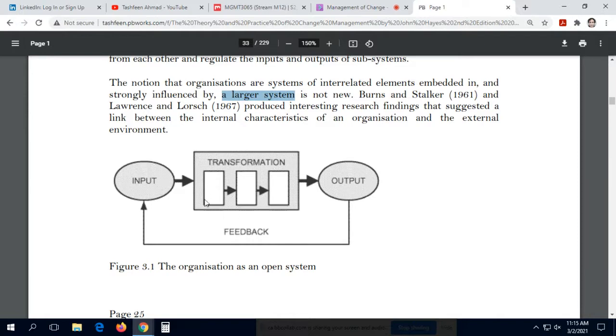Maybe something needs to be changed in the input or in one of the elements in transformation, and then you fix it, and over a period of time this box will improve. Yeah, so an open system means you look at it the same way as other types of systems explained in this chapter.